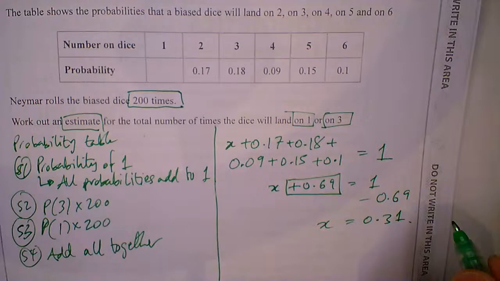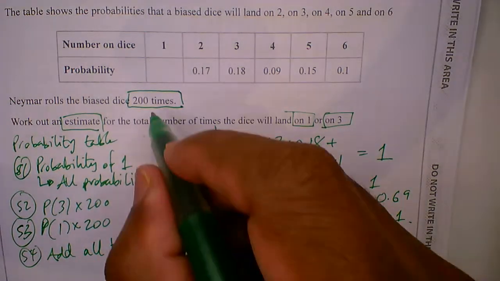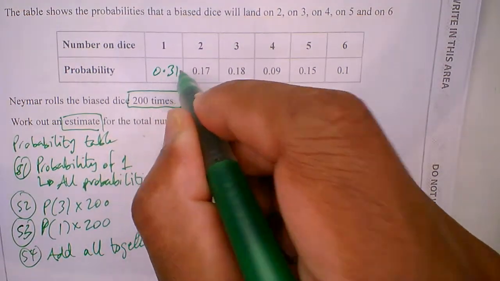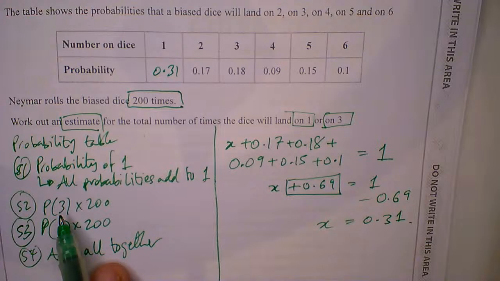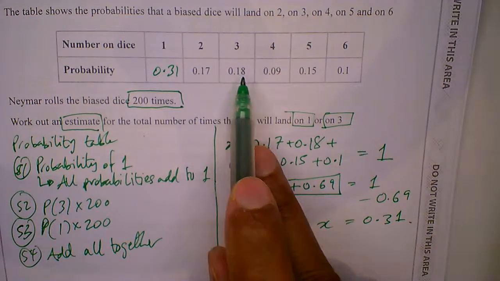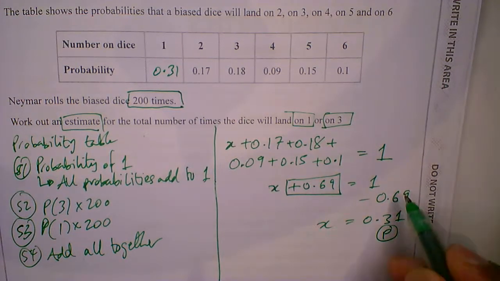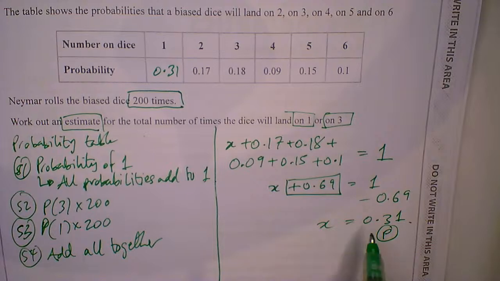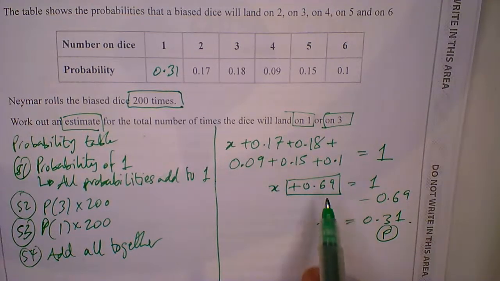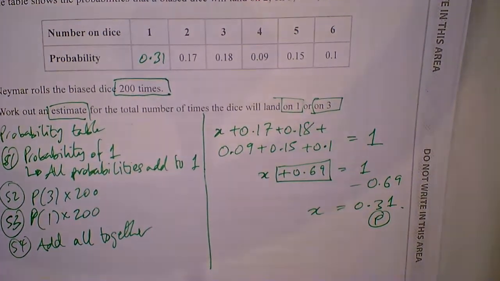Okay, so that's our first thing, 0.31. And now step 2, our probability for 3. By the way, this is a process mark, doing this working out. So even if you make a mistake here, just by showing this, you are getting a method mark.